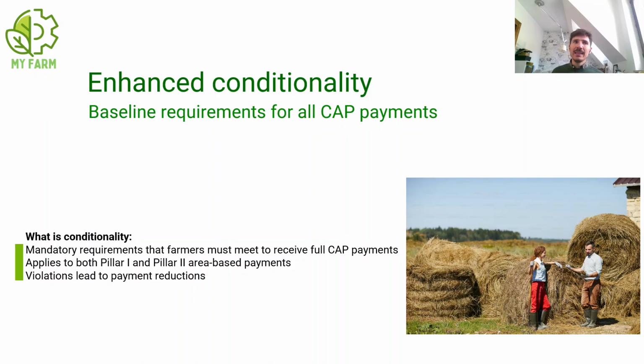The conditionality applies to both Pillar 1 and Pillar 2 area-based payments. For example, it is not applied to rural Pillar 2 investments for infrastructures. And violations of conditionality lead to payment reductions.